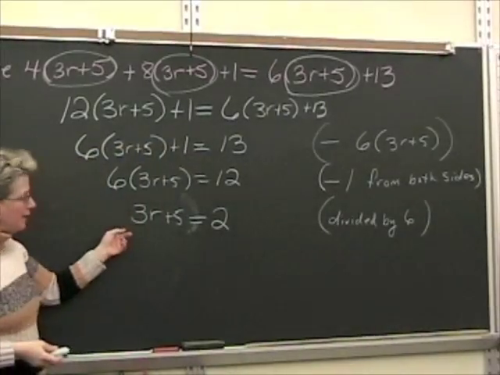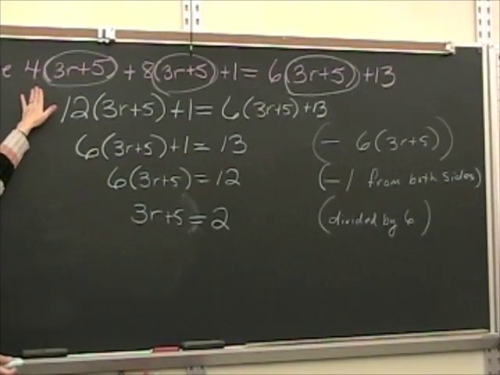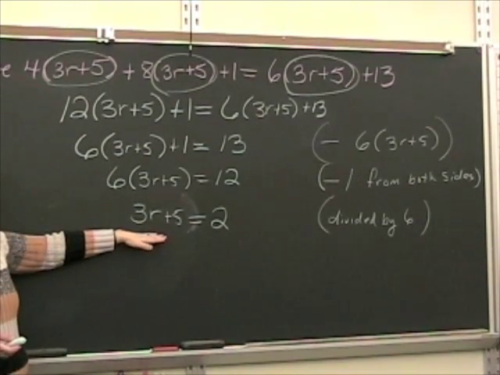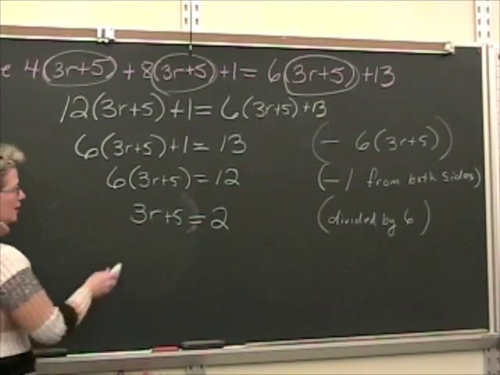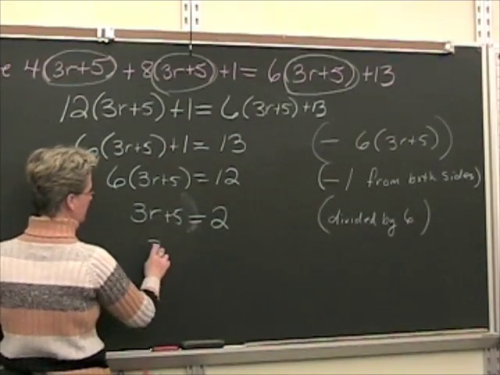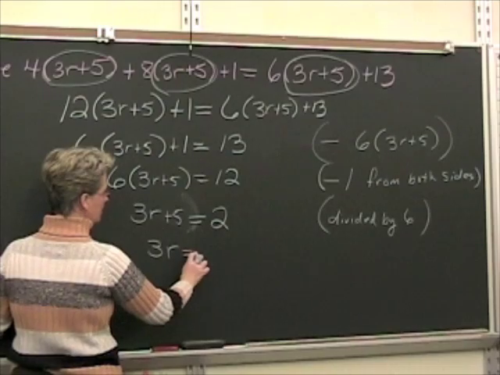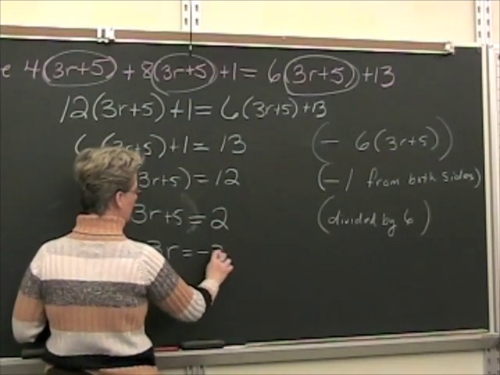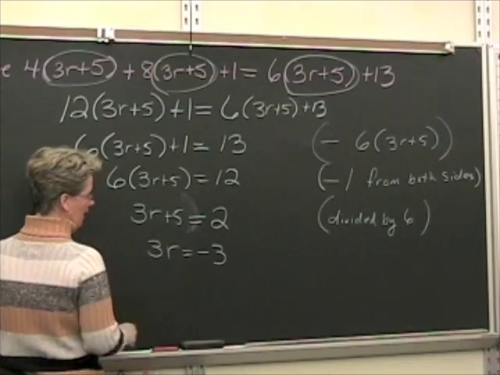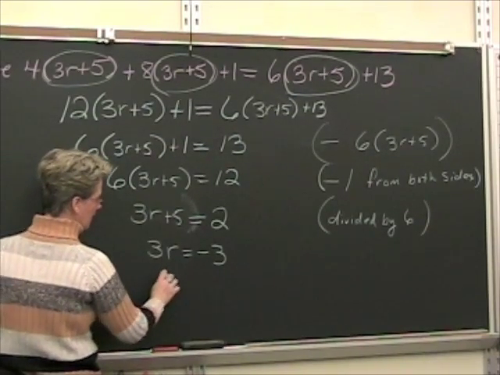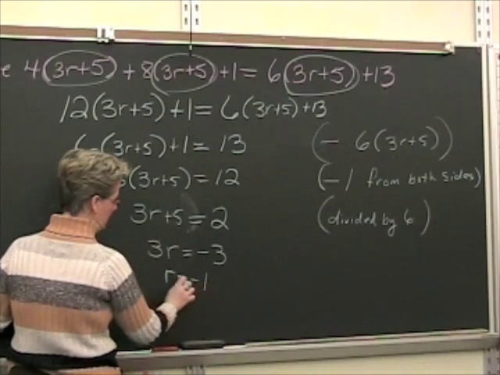All right, now look, this horrible, ugly thing that we began with is now just a little teeny baby pre-algebra equation. We'll subtract 5 from both sides, and I'll get 3r is equal to negative 3. And then I'll divide through by 3, and I'll get r is equal to negative 1.